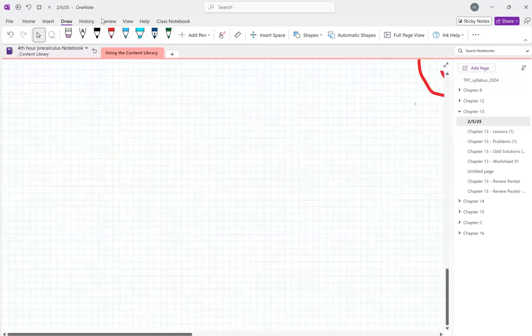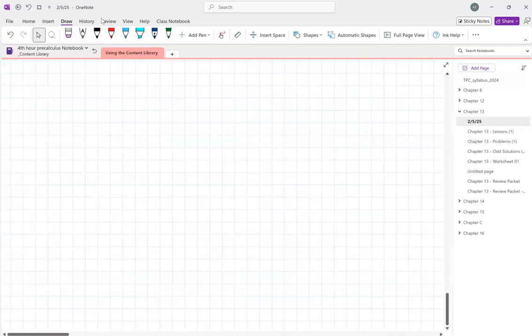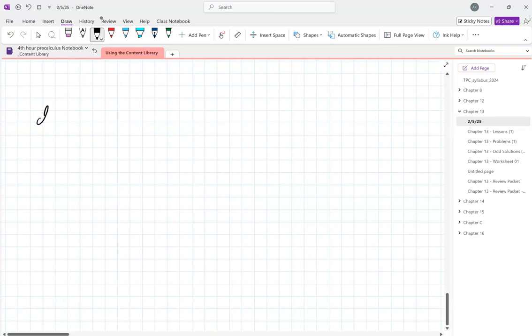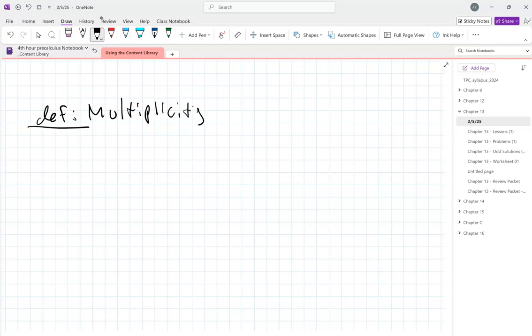I got one more definition and then 2 more examples, and then we're going to be done. So this definition is called a multiplicity. And I'm going to just kind of do this by example.